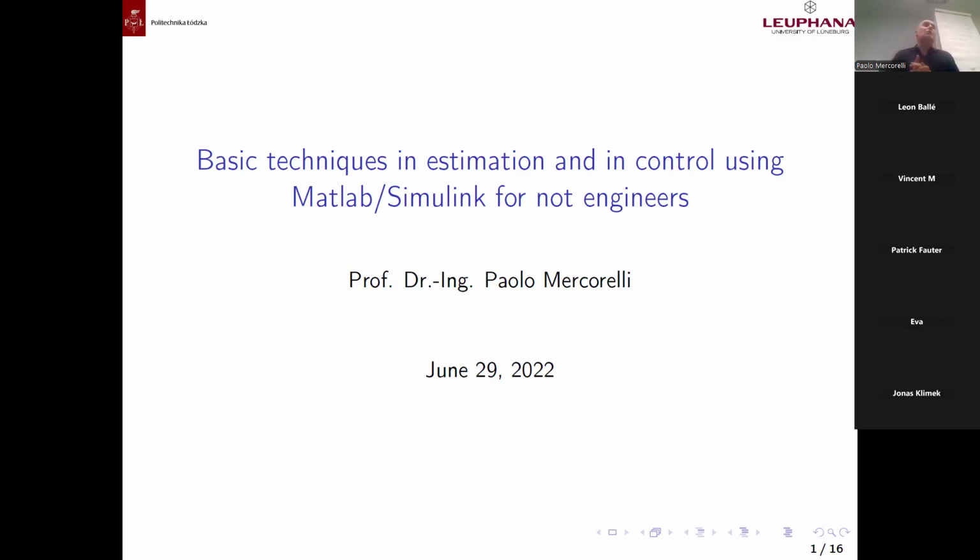As I told you, a parametric model means that the parameters have some particular meaning. The physical meaning is limited basically to technical systems.